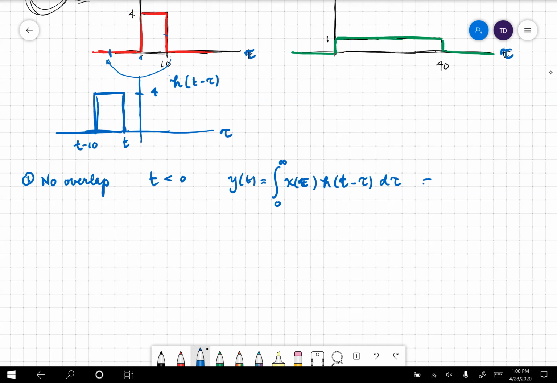And we know that this is going to be 0 because a typical picture looks like the following. Typical picture. Over here on this side, this goes there. That's what that one looks like. This is what the other one looks like. It's somewhere over here.